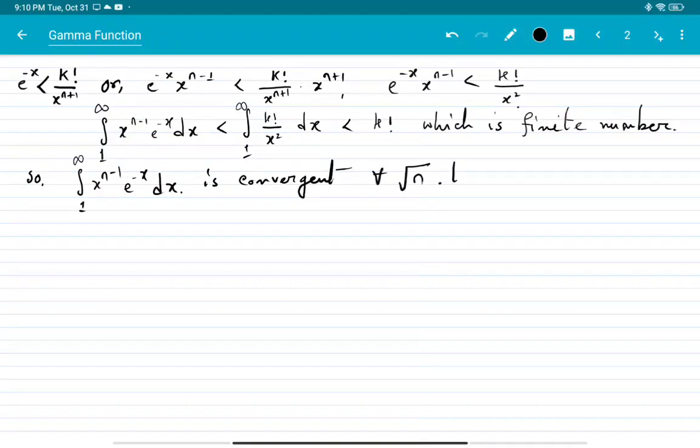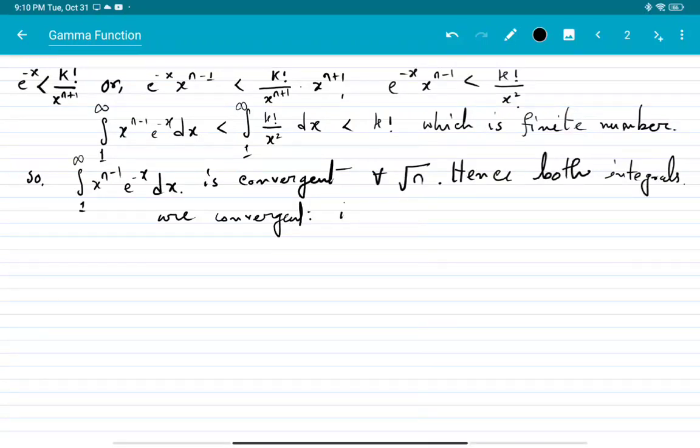So hence we can say that both integrals are convergent if n is positive.